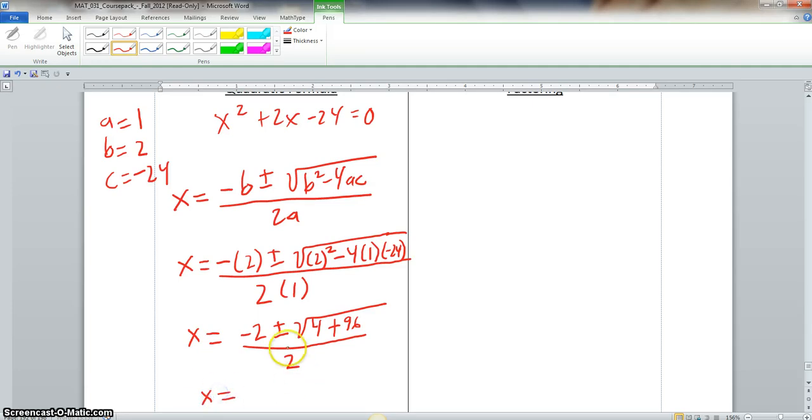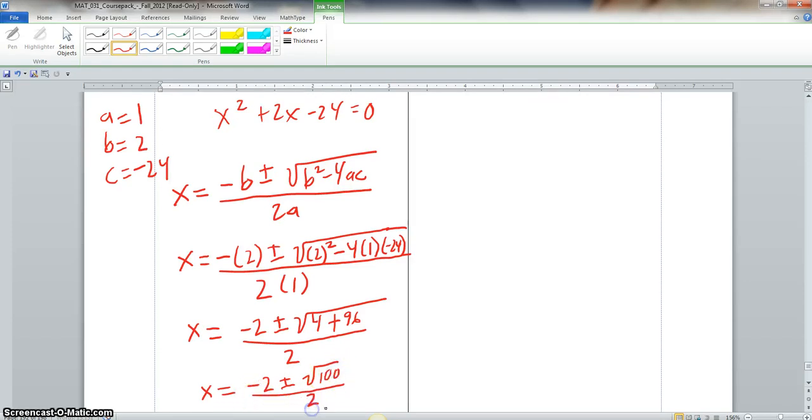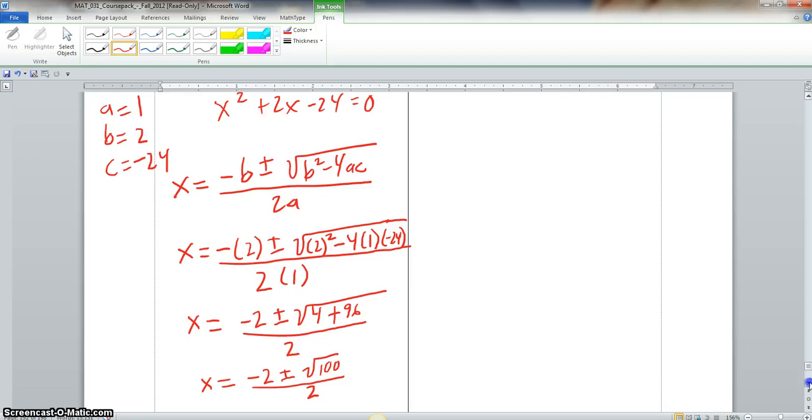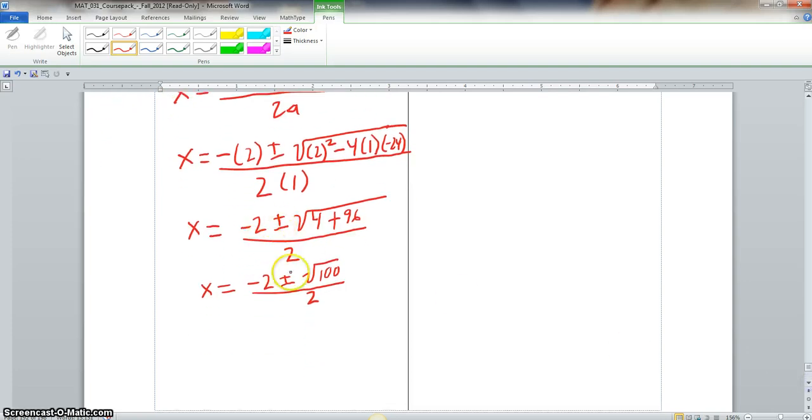So we have x is equal to negative 2 plus or minus the square root of 100, all over 2. And we have to scroll down a little bit more here. Now we have x is equal to negative 2 plus or minus, we know the square root of 100 is 10, all divided by 2.